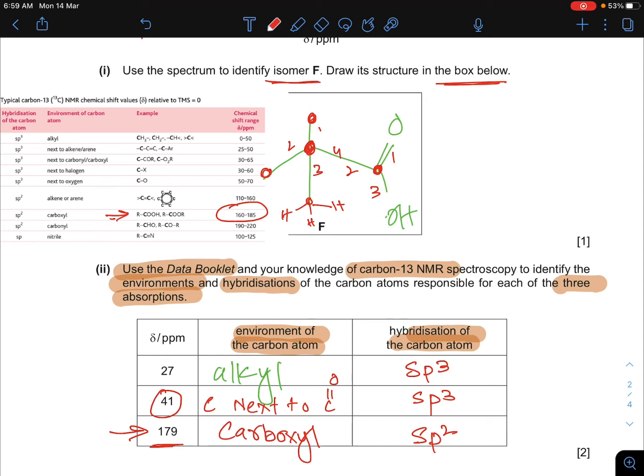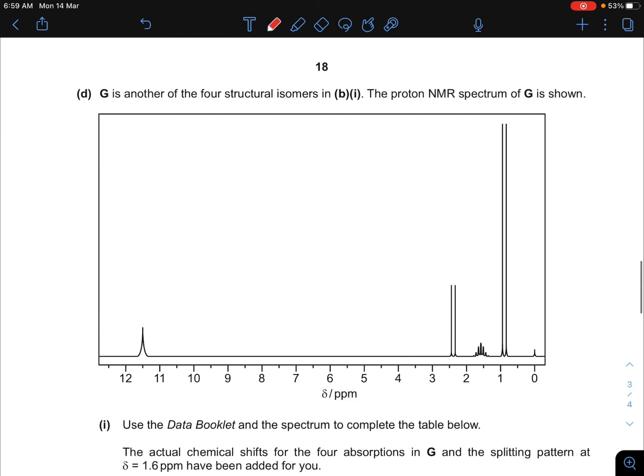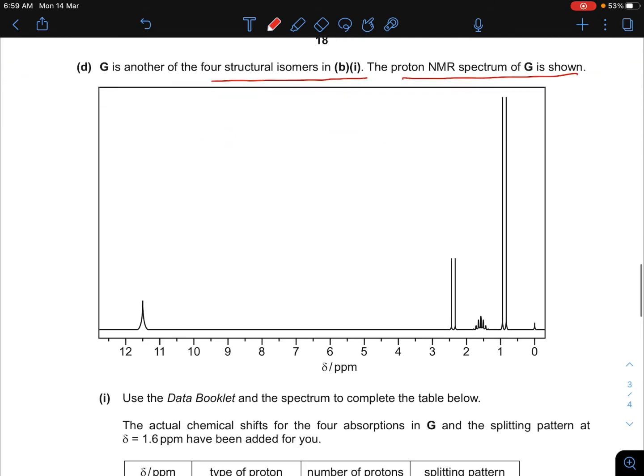All right, now the next part of this question is related to the proton NMR. So G is another of the 4 structural isomers in B1, the 4 isomers that we have drawn in the first part. The proton NMR spectrum of G is shown. So this is the proton NMR spectrum. And as you can see, this is a high resolution proton NMR.